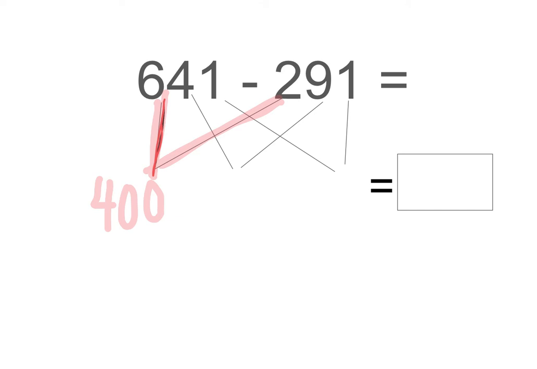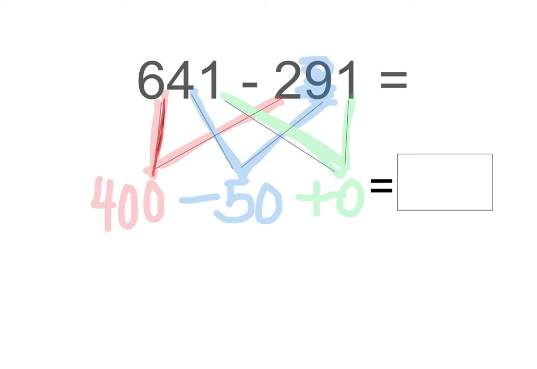It's a 600. 40 minus 90. Notice the 90 is larger, so 40 minus 90 is a negative 50. And then 1 minus 1, well, that's just 0, so you could either leave it blank, or a lot of times I put a plus 0 just so I'll know that I did it.